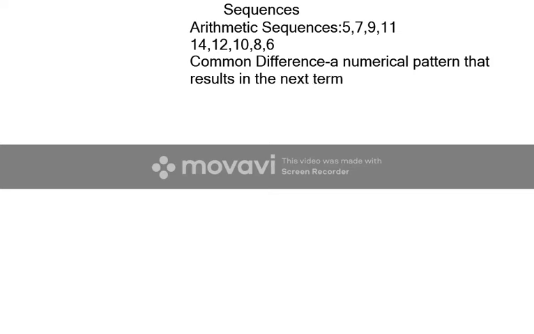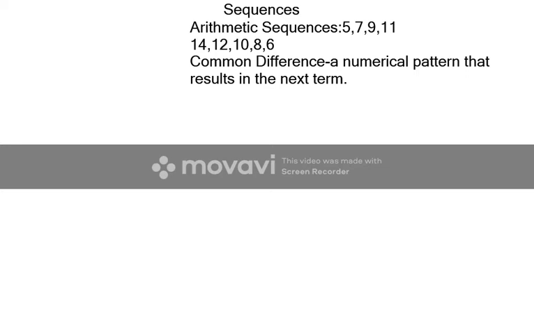Then, in order to figure out the equation for these arithmetic sequences, you input the first number and then you figure out what the second term is. It's an equation that you can manipulate to figure out certain numbers and terms inside your sequence.